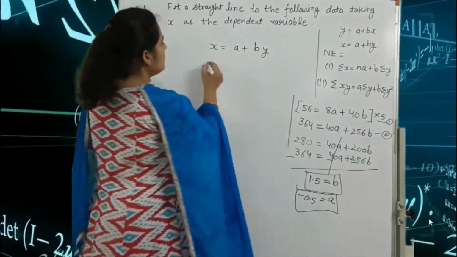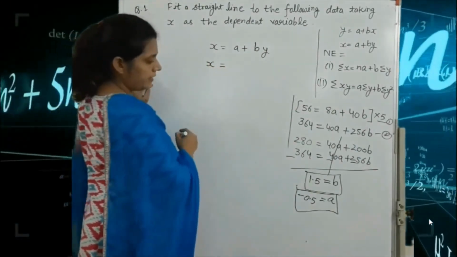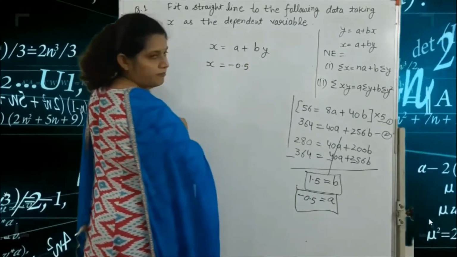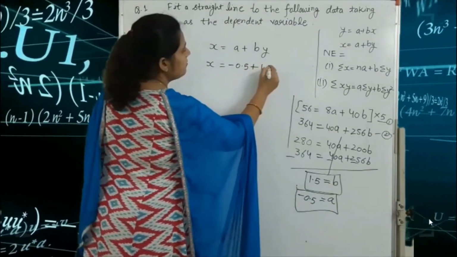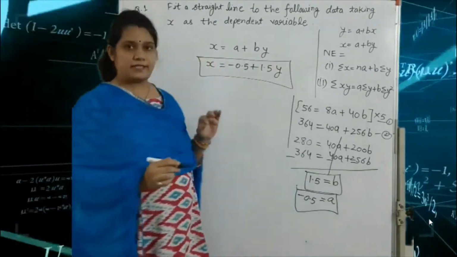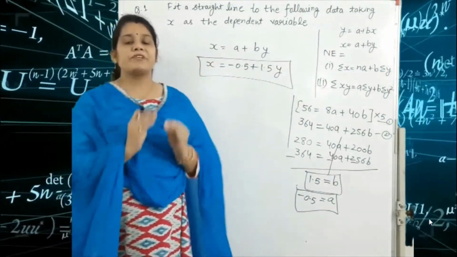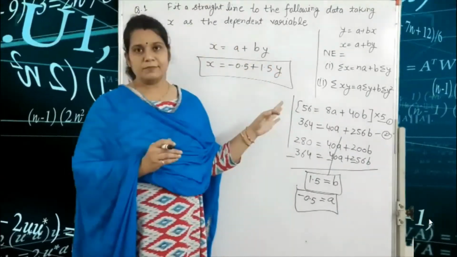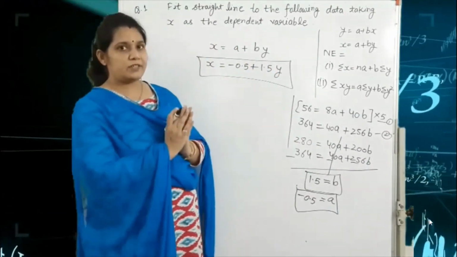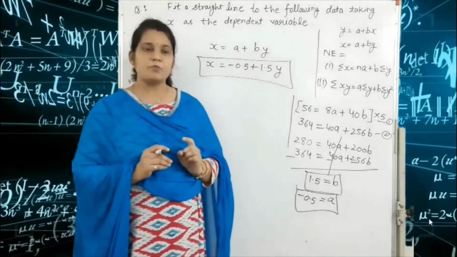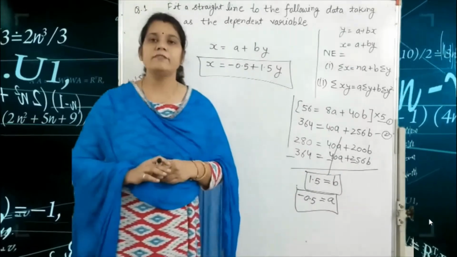So here x is equal to a, that means minus 0.5, and value of b is 1.5y. So this is a final answer. Okay, so fit a straight line with x as a dependent variable. So the best fit for the straight line, the answer is x is equal to minus 0.5 plus 1.5y.